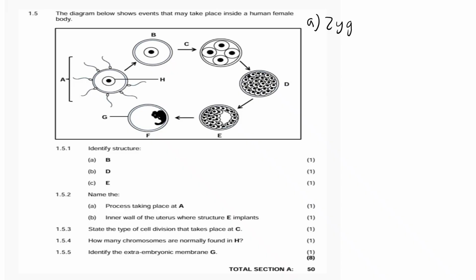Then our structure B is what we call a morula. Now C, the structure E, it is what we call a blastula, or another name, blastocyst.